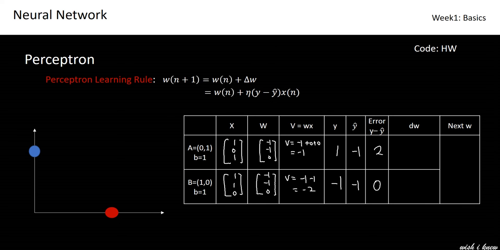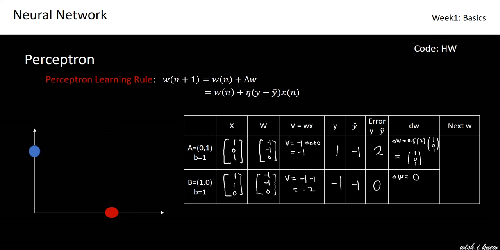So let me calculate the delta. So delta w is 0.5, and my error this time is 2, and input was 1, 0, 1. So delta w, this one will be 0.5 times 2 is 1, so it's just 1, 0, 1. And delta w here is just going to be 0 because the error is 0, so everything will be 0.